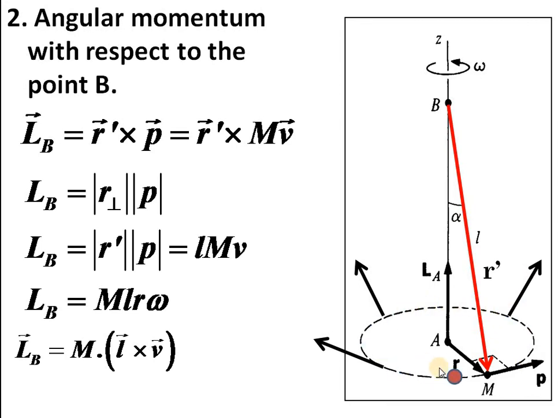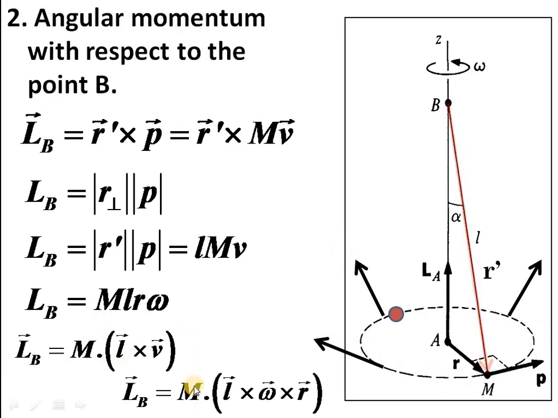Depending on the position of the bob, vector LB will be directed like this, like this. That is, every time instant vector LB varies. At this time instant it is like this, at this time instant it is like this. Okay, it is directed in a particular way as shown in the diagram.